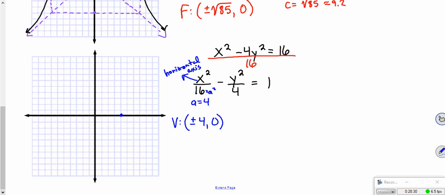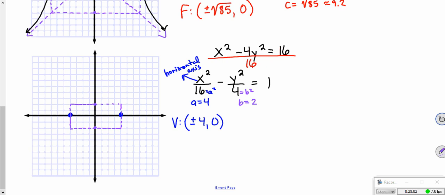So 1, 2, 3, 4. 1, 2, 3, 4. Here's my vertices. Now, the 4 here is my b squared, so that means b is 2. Now, that means up 2, down 2. So again, this would be my box.